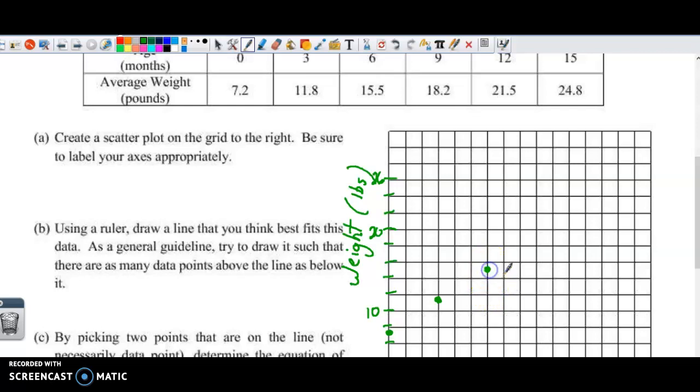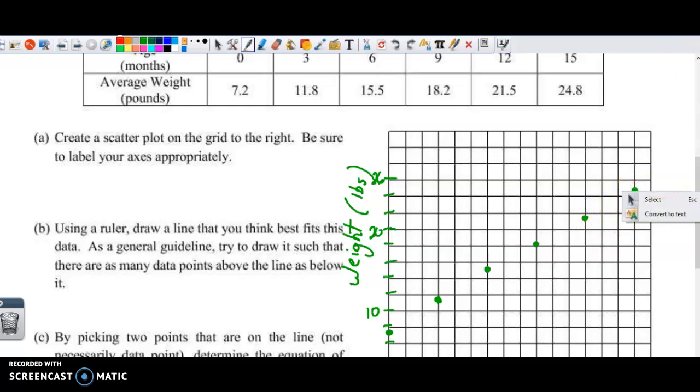At 9, up to 18.2, so barely above that line. At 12, up to 21, really close to 22. And then 15, really close to 25, so about halfway up there.